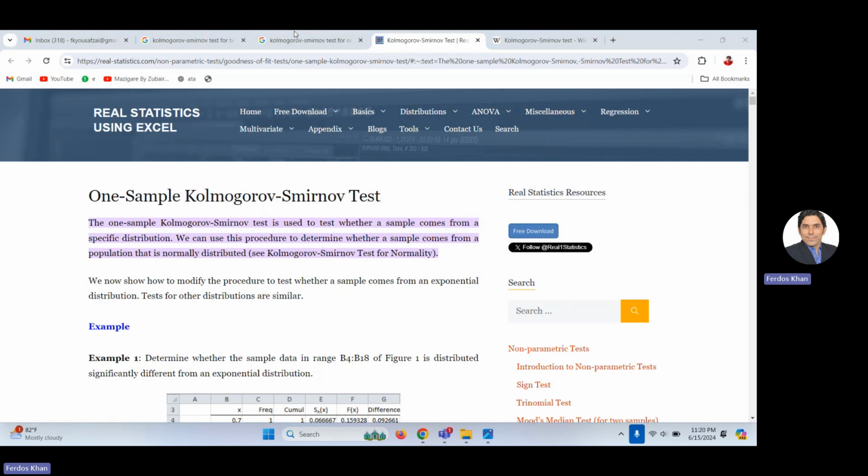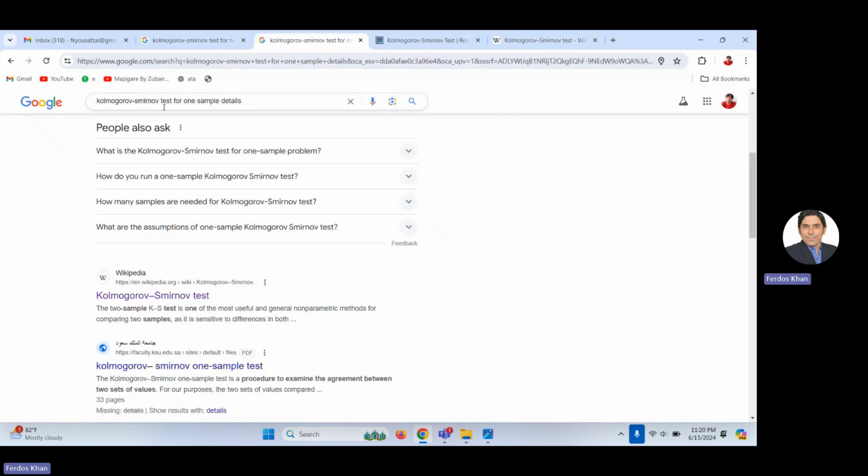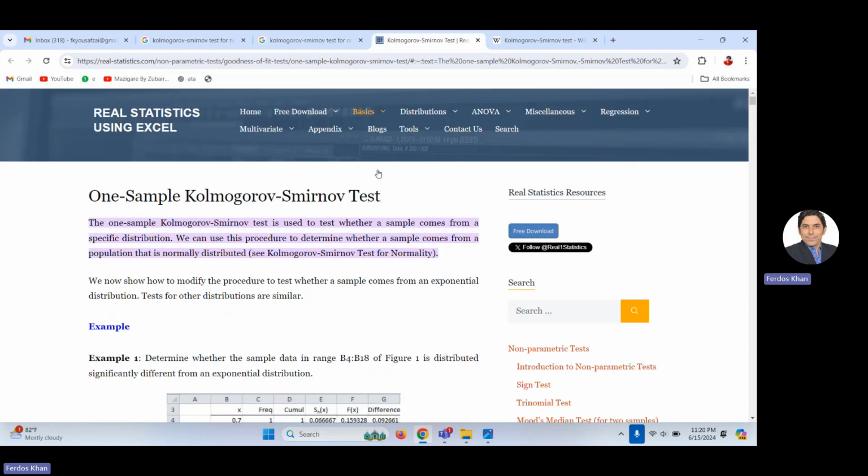Just search for Kolmogorov-Smirnov test for one sample in detail, and click on one of the top results. You can see that the one sample Kolmogorov-Smirnov test is used to test whether a sample comes from a specific distribution.